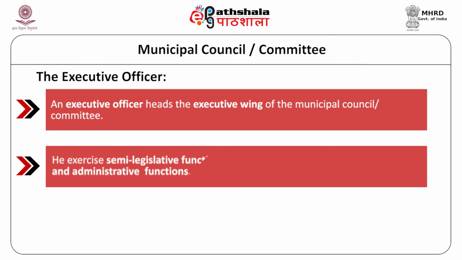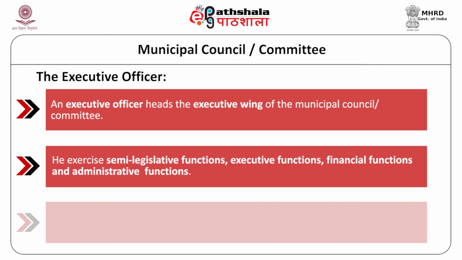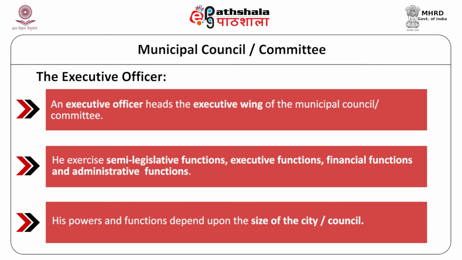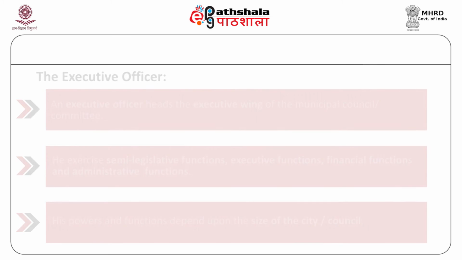He exercises semi-legislative powers, executive functions, financial functions, and administrative functions, and performs the work of the municipal council. His powers and functions are dependent on the size of the municipal council.